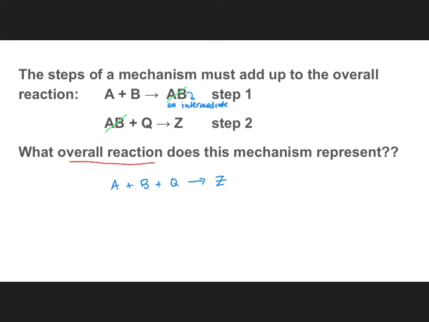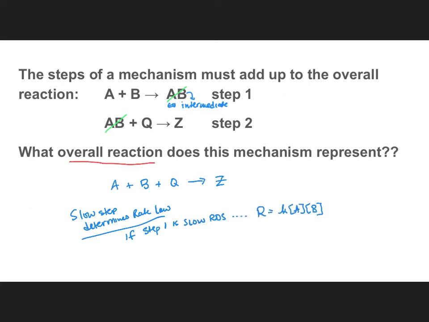Okay? Now, I will also tell you that the slow step determines the rate law. So, if step 1 is the slow step, the rate law will read as follows.